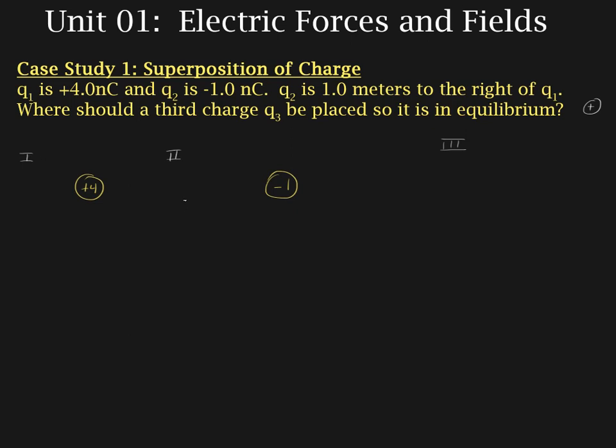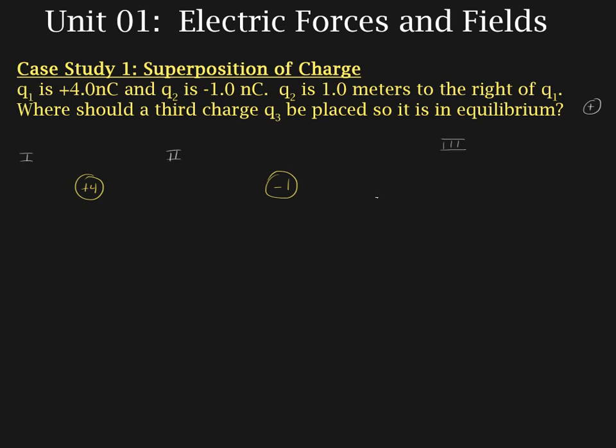If we look at region 2, we might use the reasoning, well, if we get closer to the -1, then the -1 eventually is going to have a force which is equal in size to the +4. And that is a true statement, but let's consider this. It's a positive charge. It's going to be repelled to the right by the +4 and attracted to the right by the -1. So nowhere in region 2 do you have equilibrium.